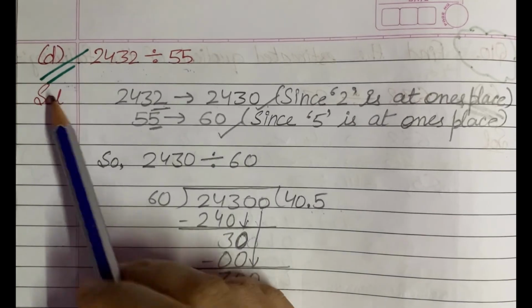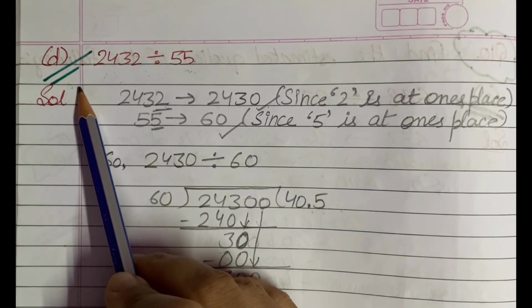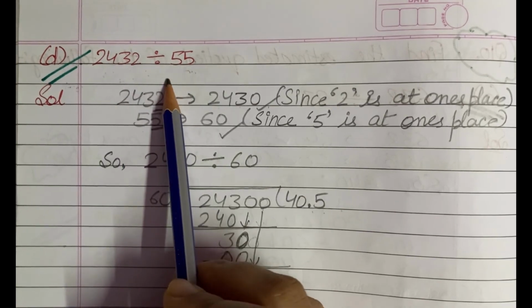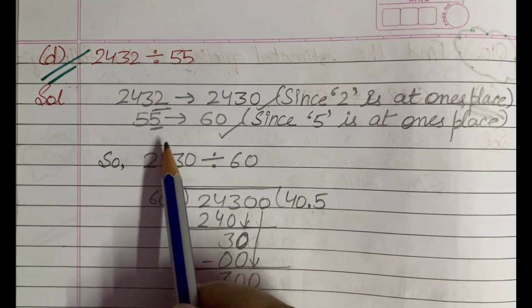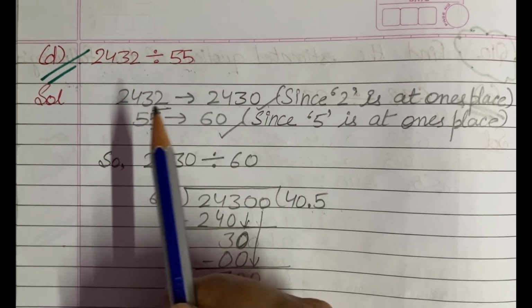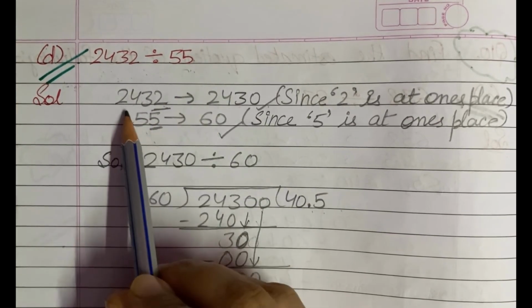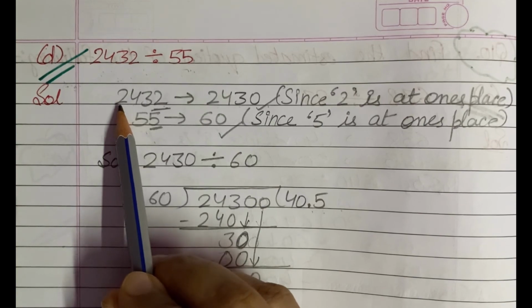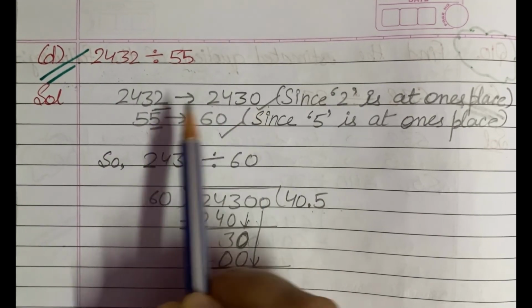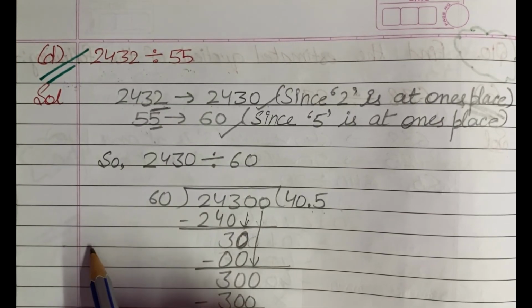Next is D part of the same question, and it says that 2,432 divided by 55. So students, here also first of all we will round off the given numbers to the nearest tens, and round off of 2,432 is 2,430 since we are having 2 at its ones place.